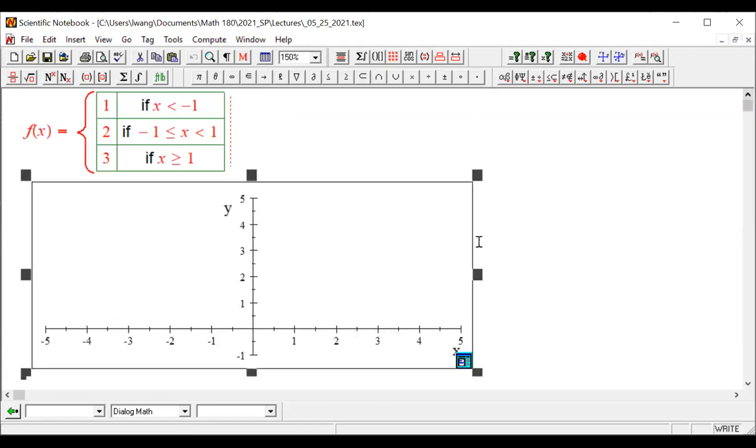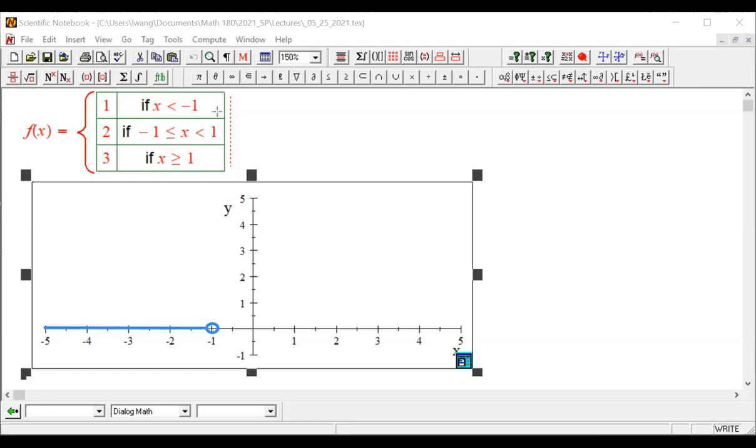And I want you to see the whole function here. So we have 3 intervals here, right? And the first interval, of course, is the blue line, all of these. That's the first interval.